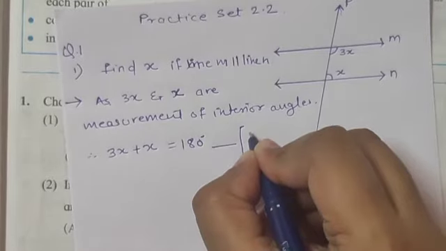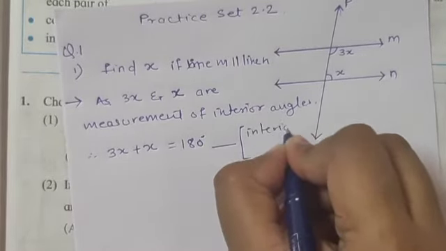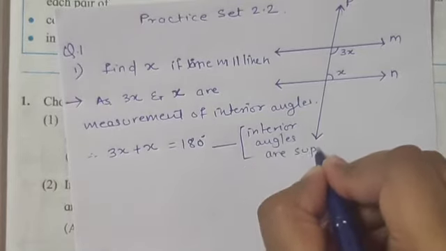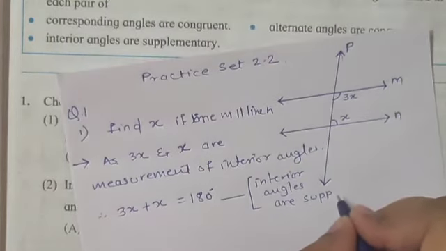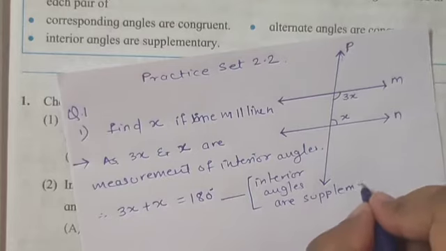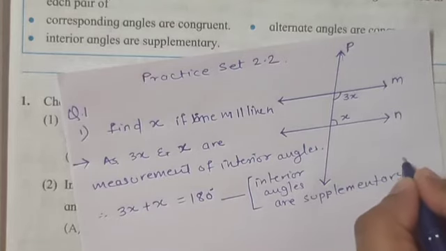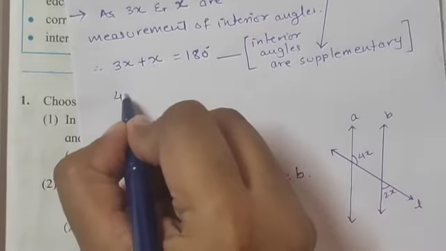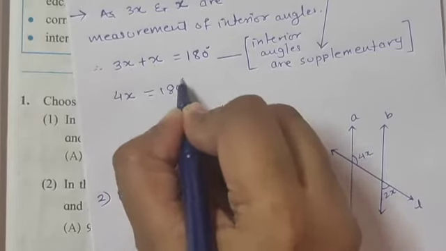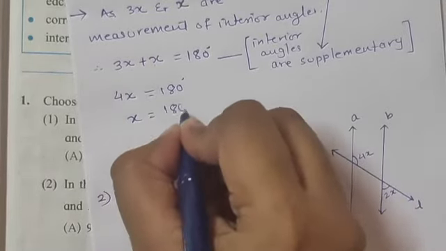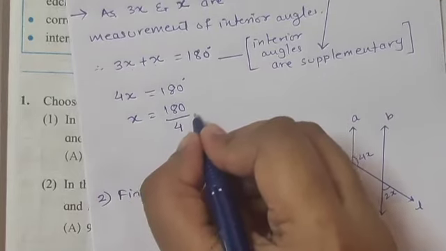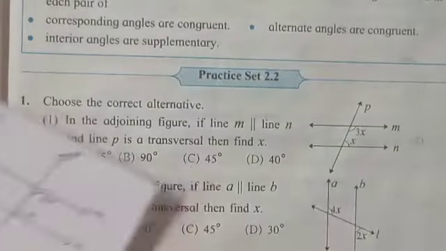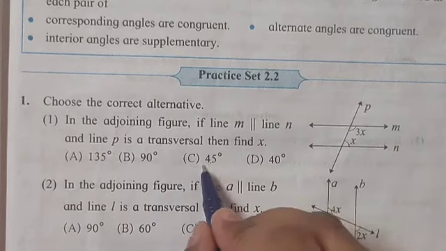Here you will write interior angles are supplementary. Now let us solve this. 3x plus x, that is 4x, is equal to 180 degree. X is equal to 180 upon 4 is equal to 45 degree. Now here our option C is 45 degree, which is the correct option.